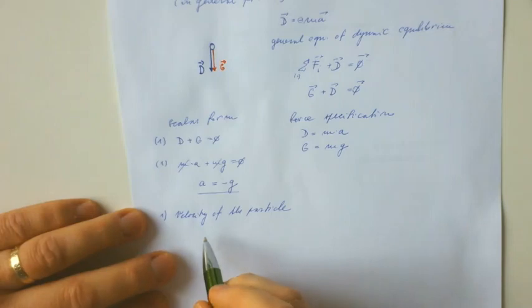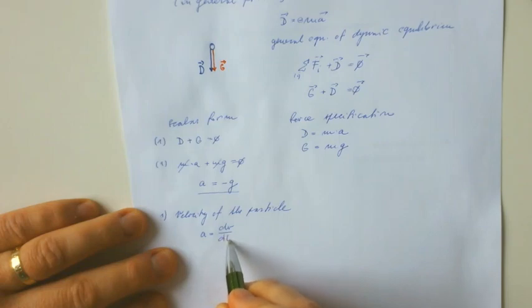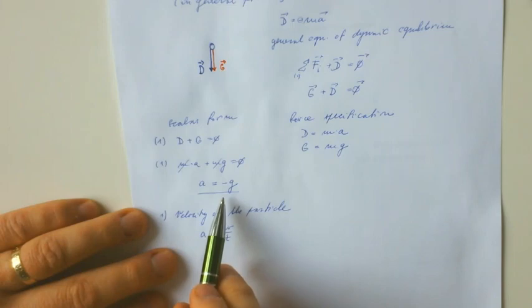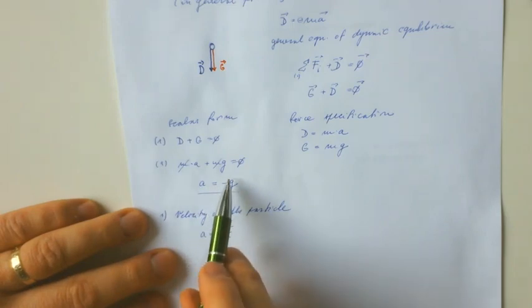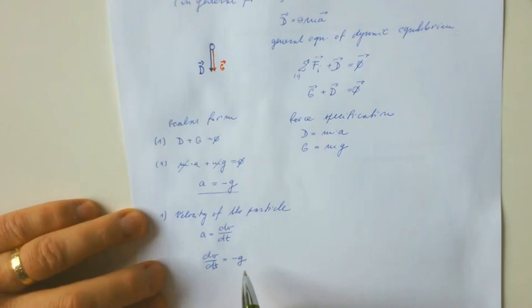We use the definition that acceleration is the derivative of velocity with respect to time, and we can notice that the acceleration we got already from the previous calculation, so dv over dt is equal to minus g.